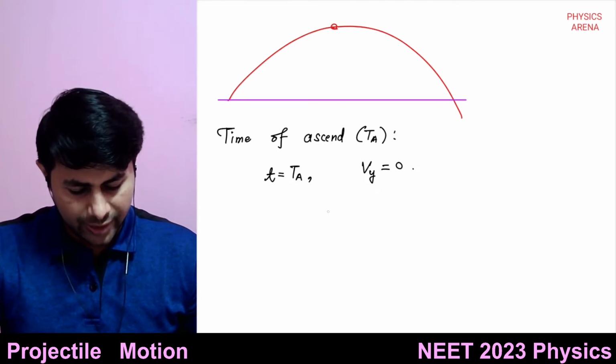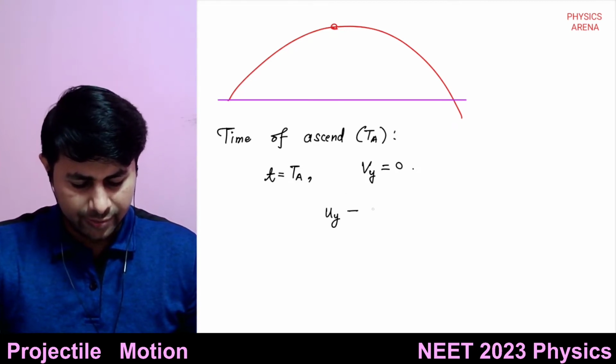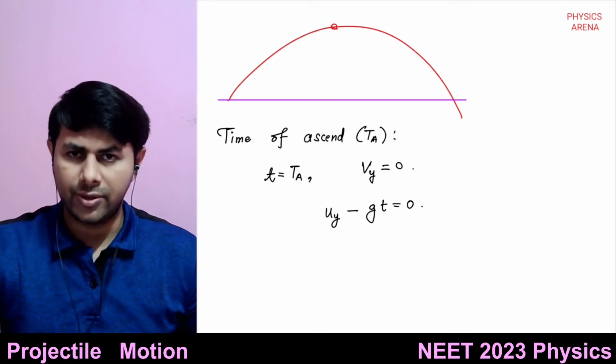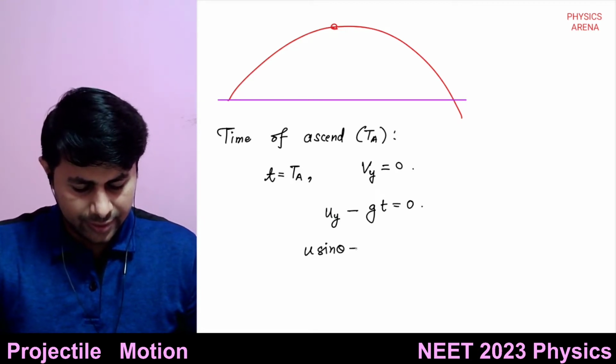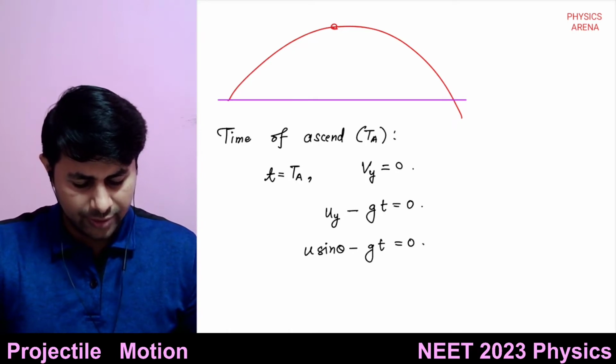And what is Vy? It is Uy minus gt, that's equal to 0. It is u sine theta minus gt, equal to 0.